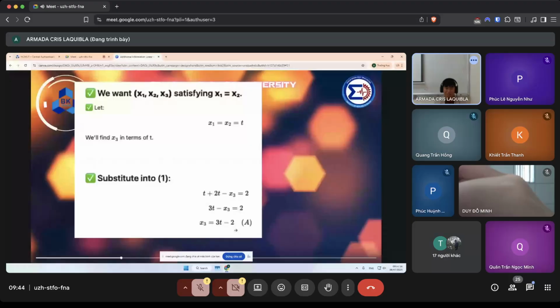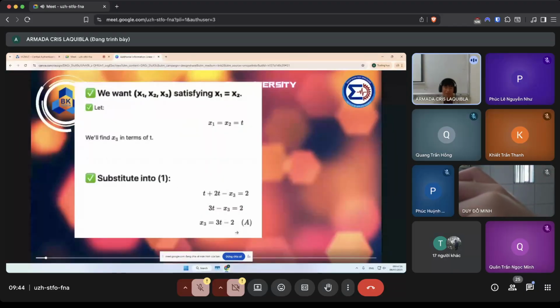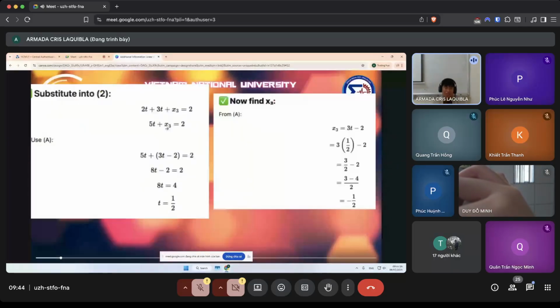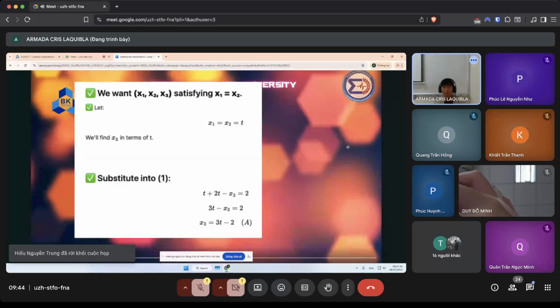The calculator can automatically solve for x3. Here I use substitution. We have 3t minus 2 as our x3, so we substitute it here. So this becomes 3t minus 2, and then we can solve for t, which is equal to 1 half.